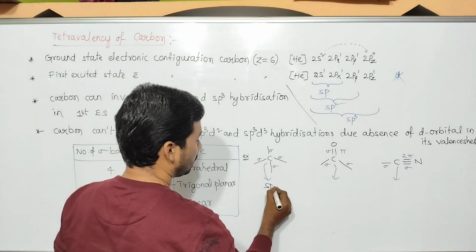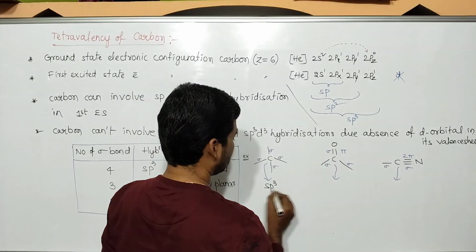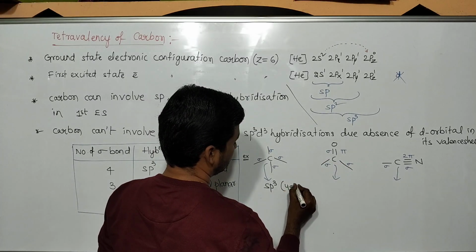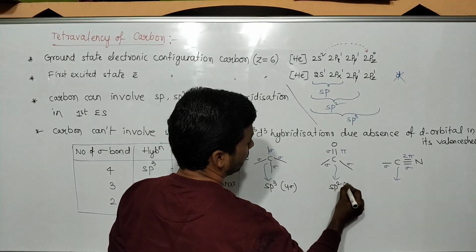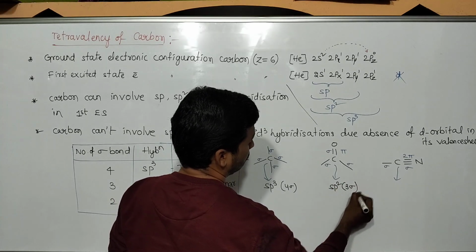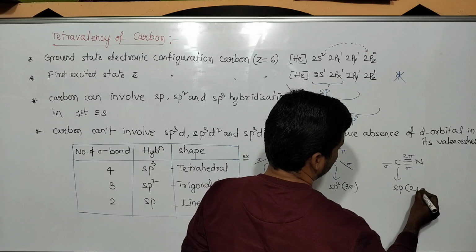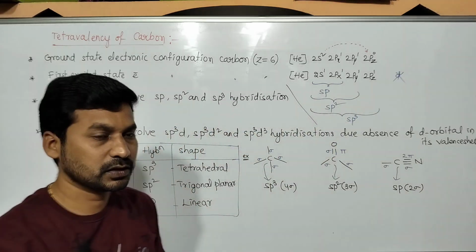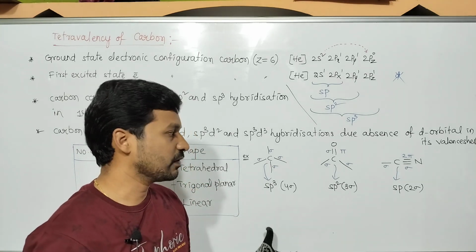Therefore, hybridization is sp3. And here the number of sigma bonds is 3, so sp2 hybridization. Here the number of sigma bonds is 2, so the hybridization of carbon is sp. Thus we assign hybridization to the carbon atom and shape of the molecule.